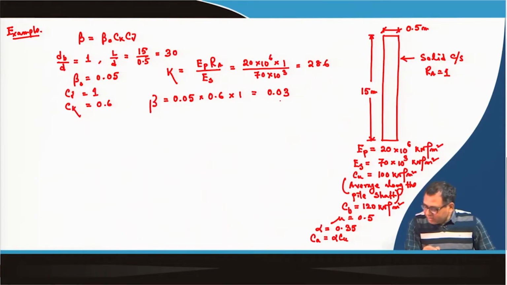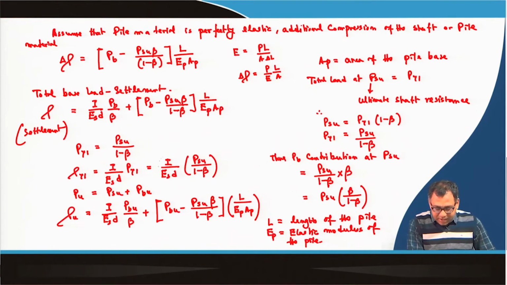So, now similarly, we have to calculate I value also, because in this expression there is a term I and beta, these two we have to calculate, and I have also discussed what is I in the last class.